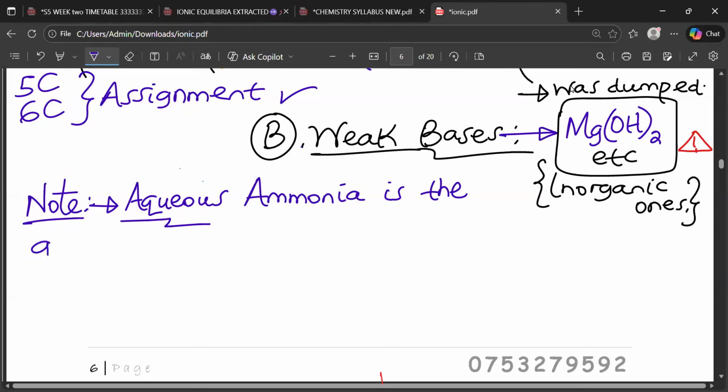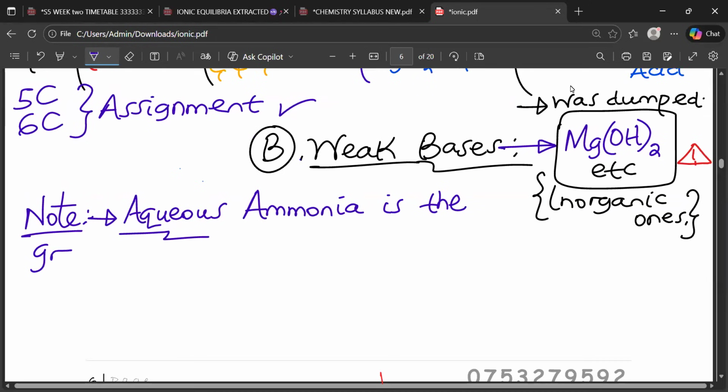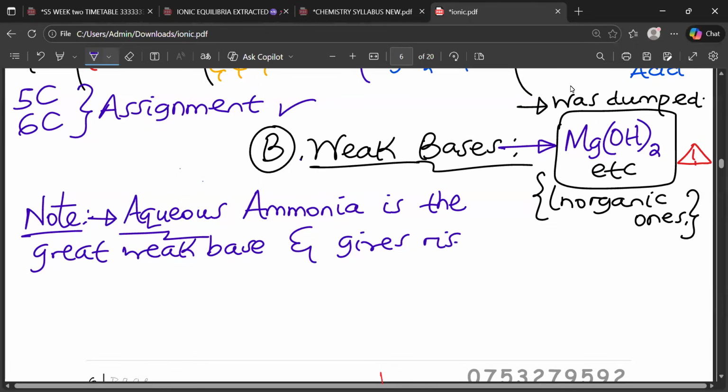Aqueous ammonia is the grand weak base. Let me call it the great weak base. And it gives rise to all amines.